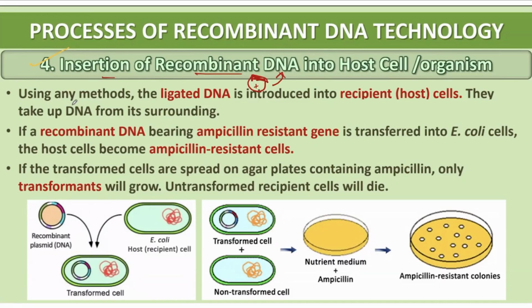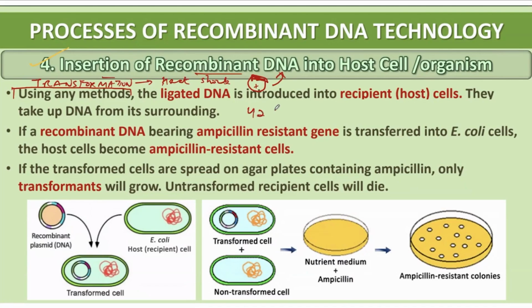Using any method, the ligated DNA is introduced into recipient cells, which take up the DNA from their surroundings. We have learned about one major common method, that is transformation. I hope you remember what transformation is. It is basically a heat shock method.